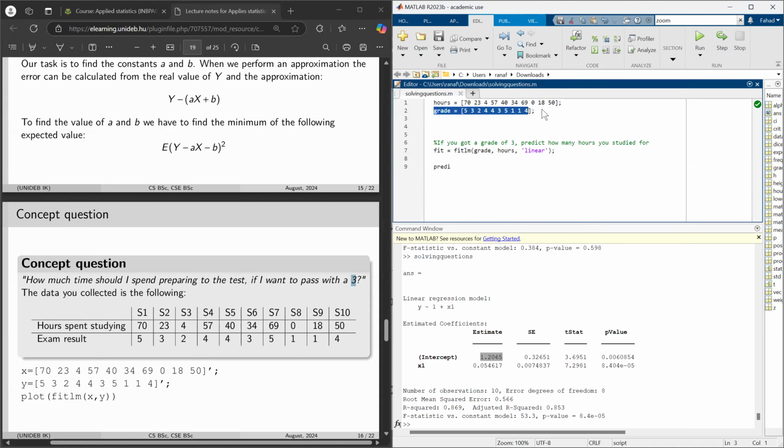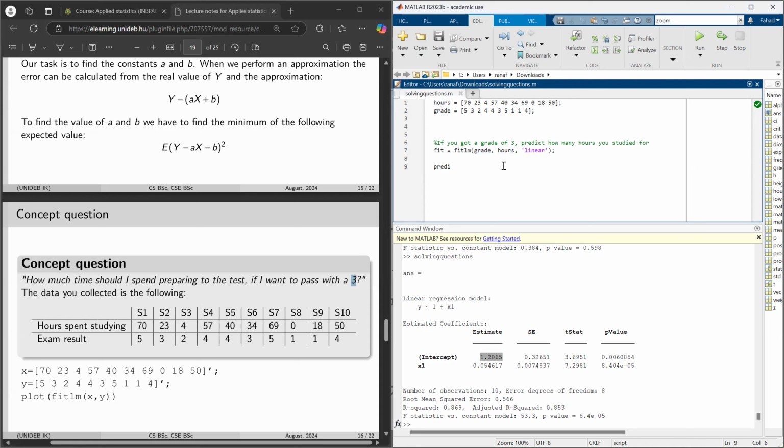The first one is the grade, the second one is the hours. Inside the fit lm function, we have to pass both of them. But which one do we pass first and which one second? In this case, the grade is given, so we pass grade first. Hours is second, so we pass the hours second.